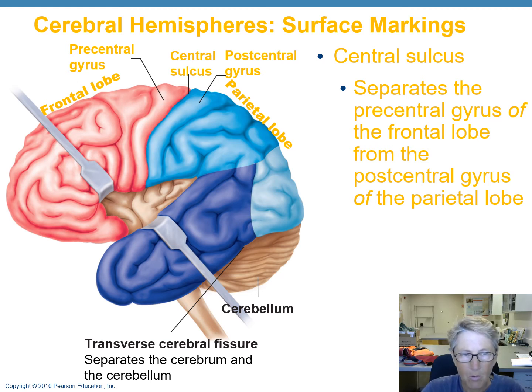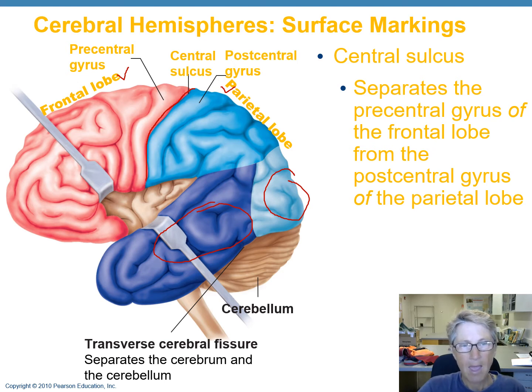In this cartoon, you can see the frontal lobe is labeled, the parietal lobe is labeled, here's the occipital lobe, here's the temporal lobe in purple. To separate the frontal lobe from the parietal lobe, you have this central sulcus. This line running all the way down here is the central sulcus.